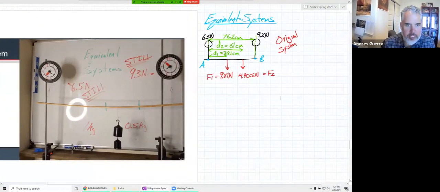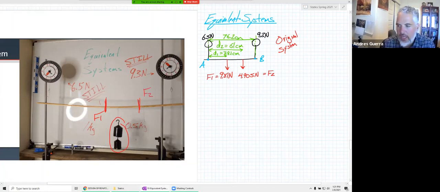In the equivalent system, I've taken the masses and put them at a spot. The F1 was originally here, and the F2 was originally here. But I've moved them to a spot where I still have 6.5 newtons over here and 9.3 newtons over there.